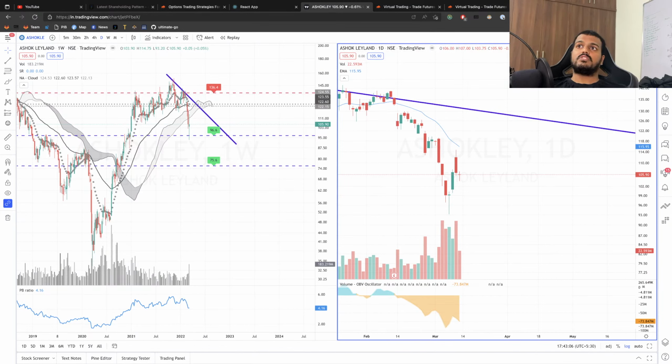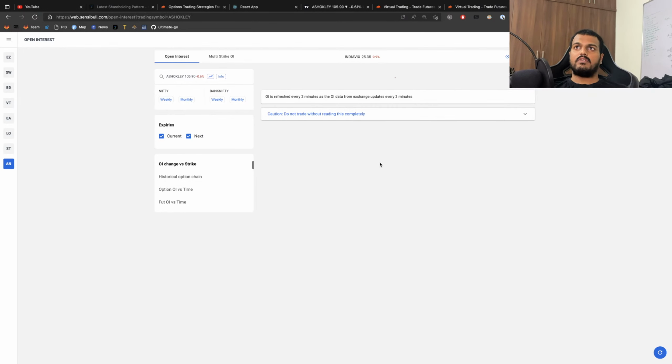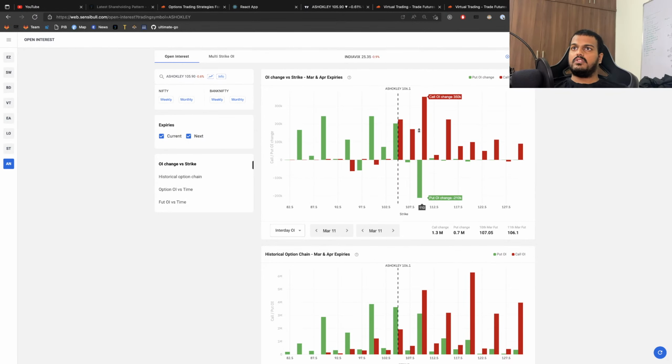Even in JSW Steel, I have to go with max pain data once again, but that won't change. Ashok Leyland, I've already created a video on, which can give a picture of what's happening. In Ashok Leyland, there's a strong OI build-up here, and all the puts are gone.